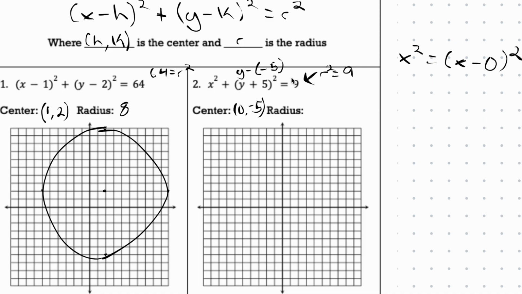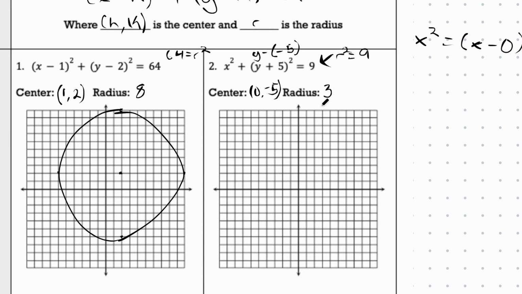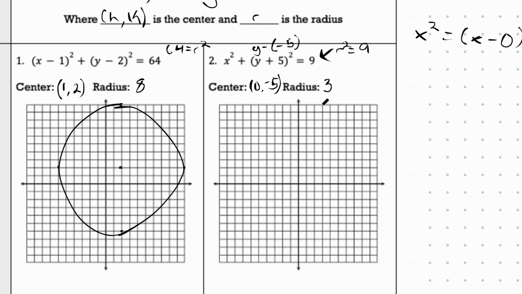So be mindful of that. Whatever this entire left side is going to be equal to, take the square root of that to get your radius. So in this case, the square root of 9 is going to be 3. Just a little tip, because it can be easy to switch the two up, and especially with lower numbers like 4 or 9, it would not seem that crazy if your radius is 4 or 9, when in fact it's actually equal to 2 or 3.